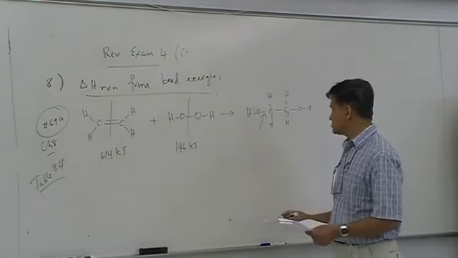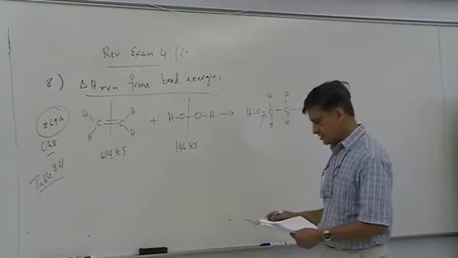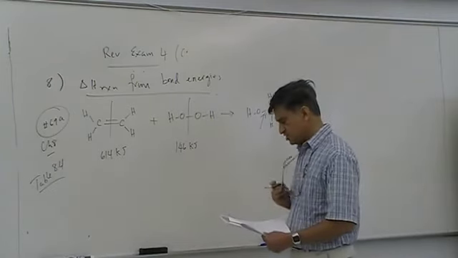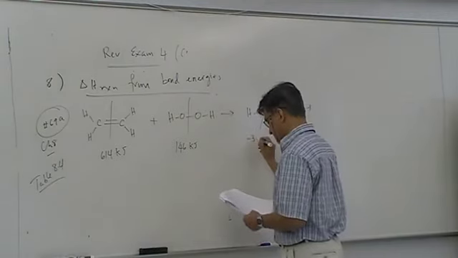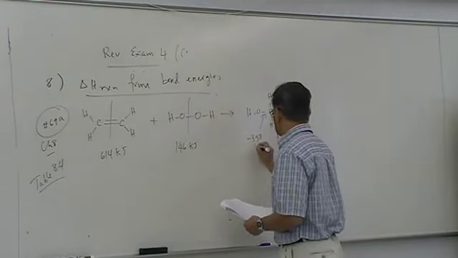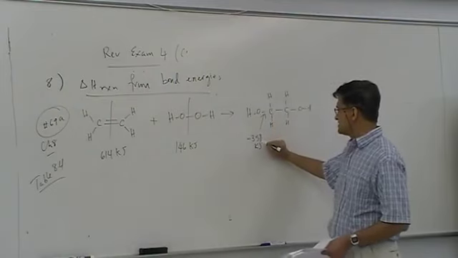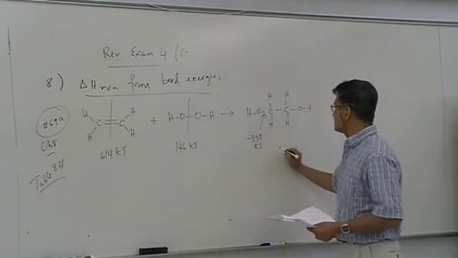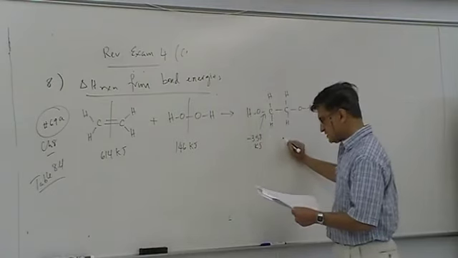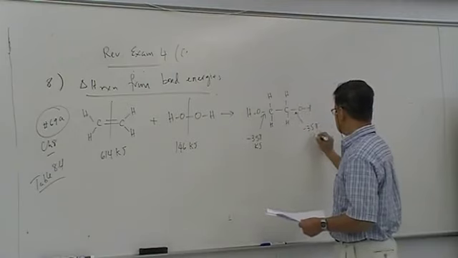Bond breaking energy is given in the table. The bond making is the reverse process, so you have the same magnitude, but the sign gets changed. So this would be minus 358 kilojoules. The bond breaking energy is given as plus 358. I made it minus because we're making this. We're connecting them together. Same is the case on this end. Minus 358 kilojoules.